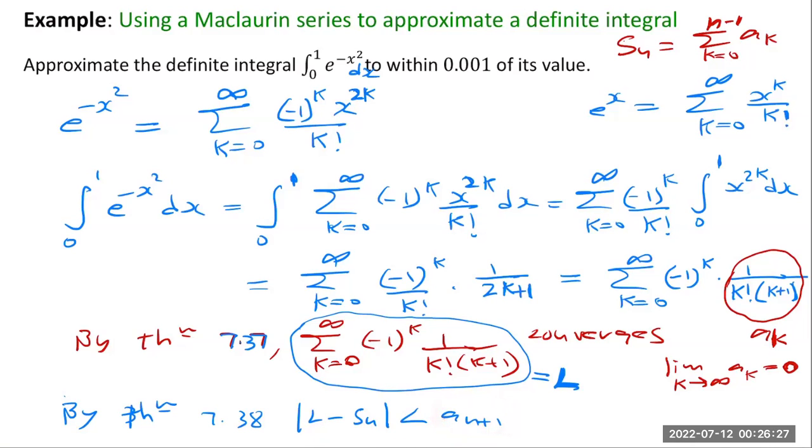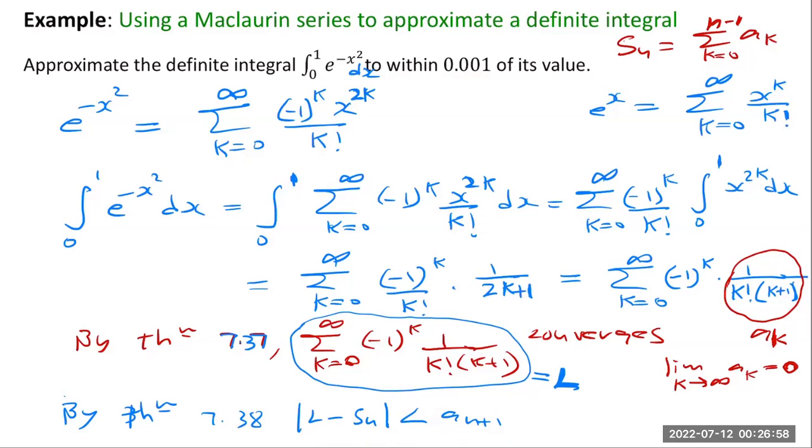So we need an approximation to this integration within 0.001. That means I want my An plus 1 to be less than or equal to 0.001. If I can make sure of that, then my Sn will be an approximation to L within 0.001, because this difference is less than this number, which is less than 0.001.